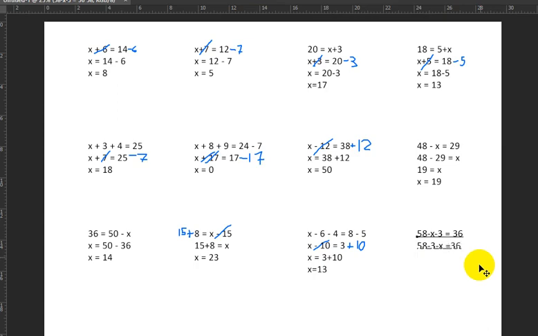And then 58 minus 3 would make 55 minus x equals 36. And then we would do the same switch again, where we trade places between the x and the 36, and this would become 55 minus 36 equals x. So x is equal to 19 again.